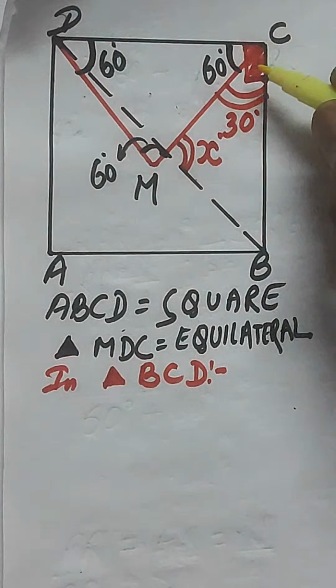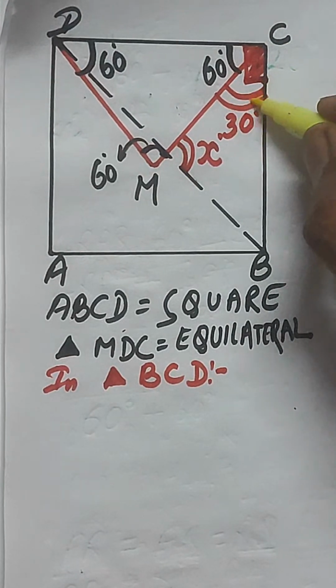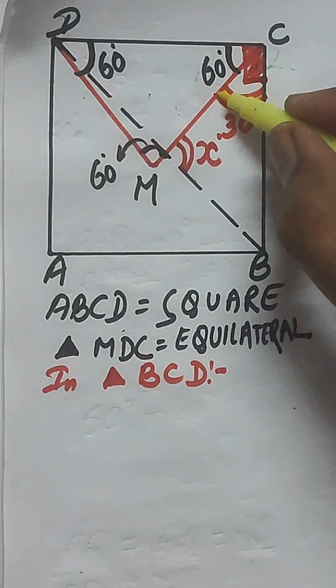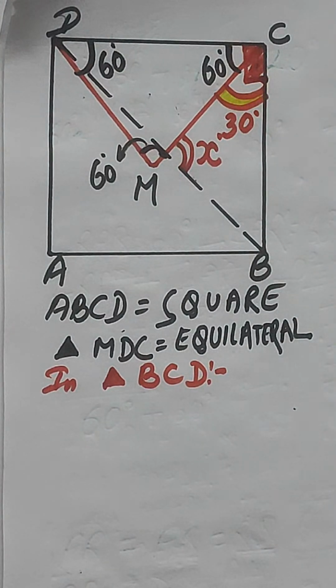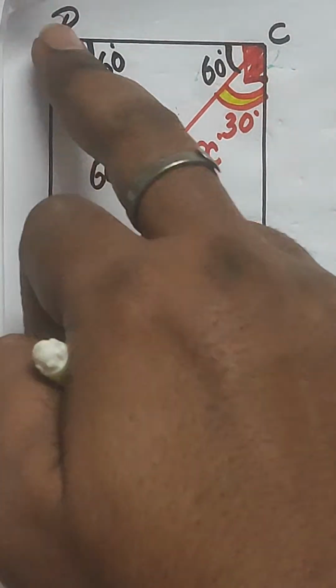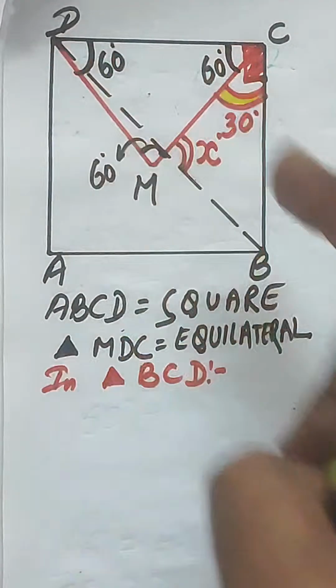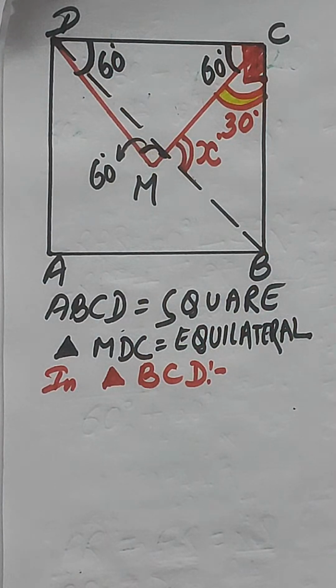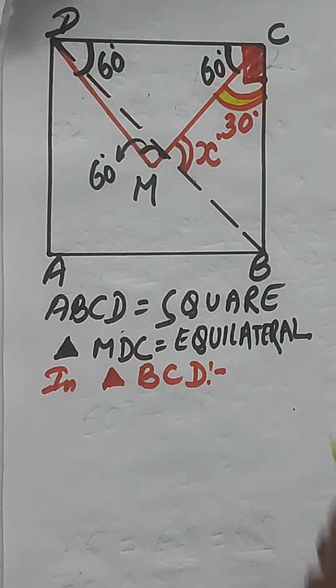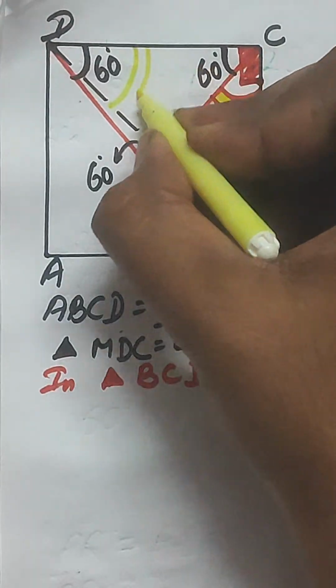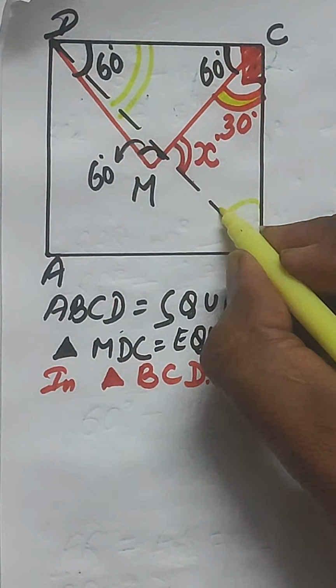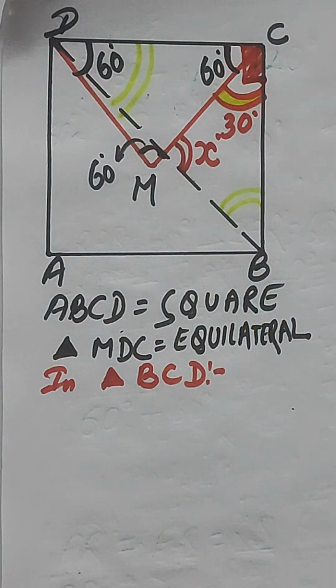Now since this angle is equal to 30 degree, and BD is the diagonal, in triangle BCD we can say that the sum of these angles, this angle and this angle, will be equal to 90.